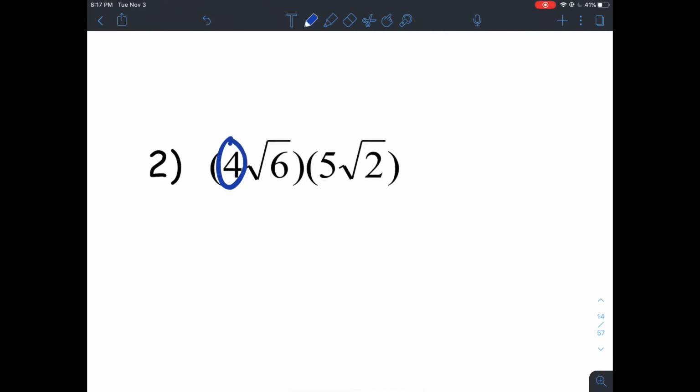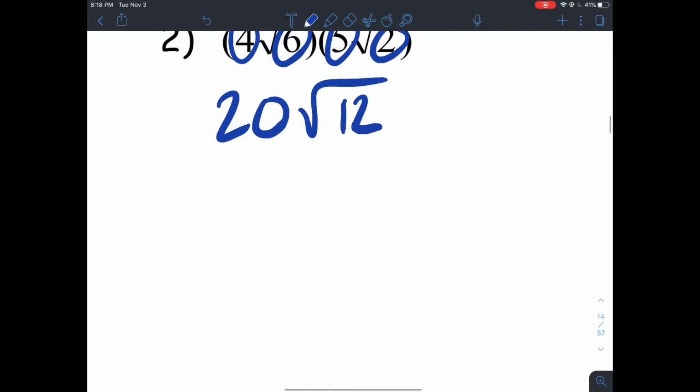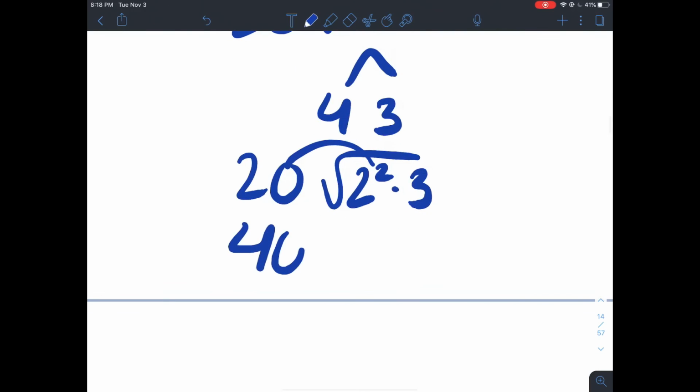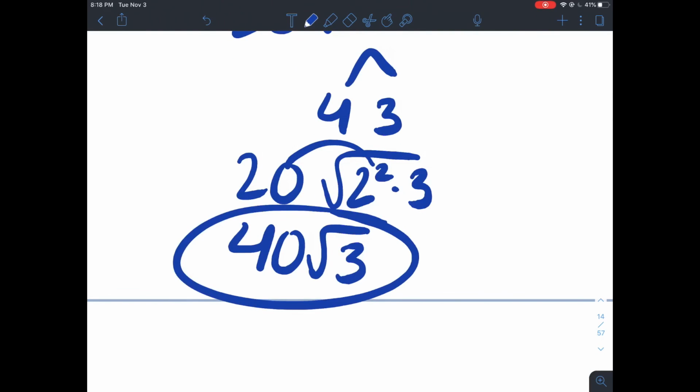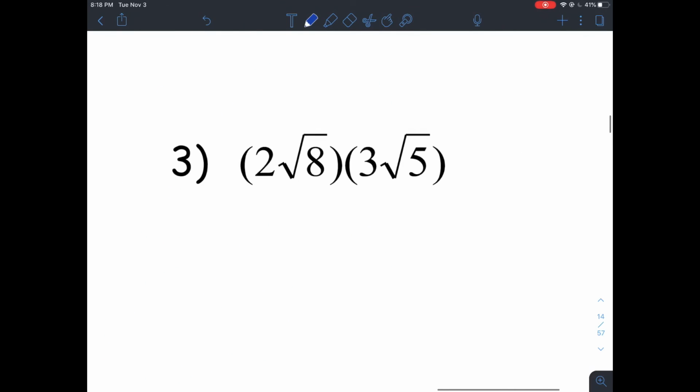And the next one, multiply the 4 and 5, you get a 20. Multiply the 6 and 2, you get a 12. This one you can simplify further. You could break 12 down into 4 times 3. So you've got 20 root of 2 squared times 3. You can take the 2 out, and you get 40 root 3 as your answer there. All right, so then for this one, we're going to multiply.